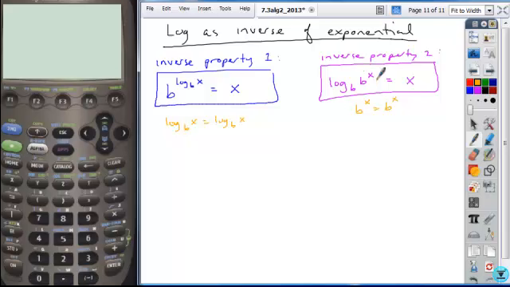And really this second property is going to be the one that we will actually use a little more often because it has a shortcut relationship, and that shortcut is if you're looking at something like this and you wanted to evaluate this, what you can do is pull this power out and write it in front of our log.